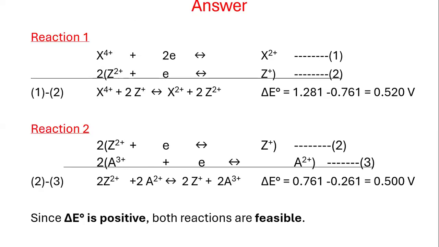So reaction 1, very easy. This is A-level stuff. Delta E naught you show. Reaction 2. Okay. Very easy. So you show that they are feasible. Since delta E naught is positive, both reactions are feasible.